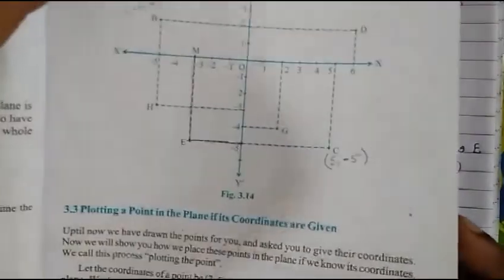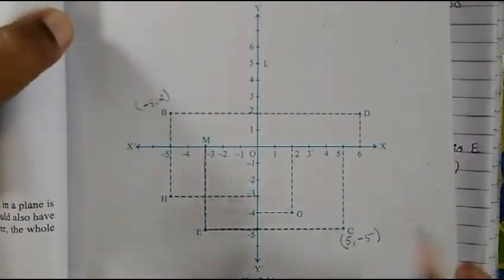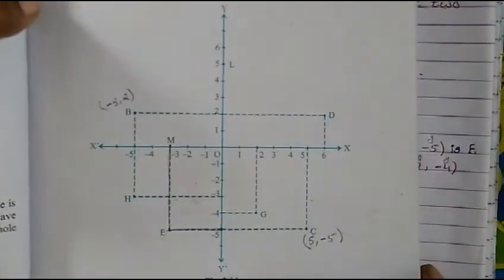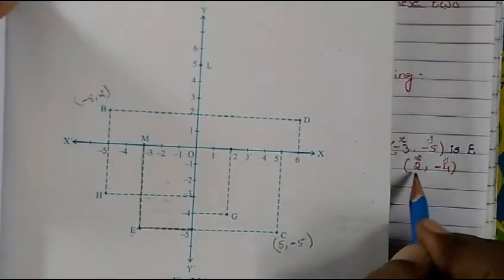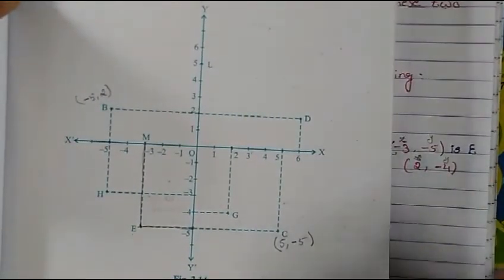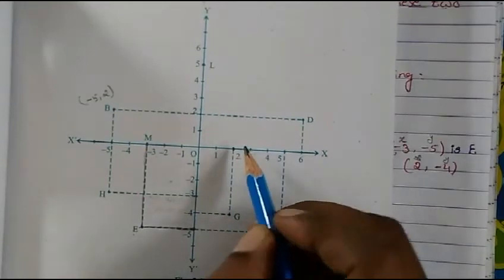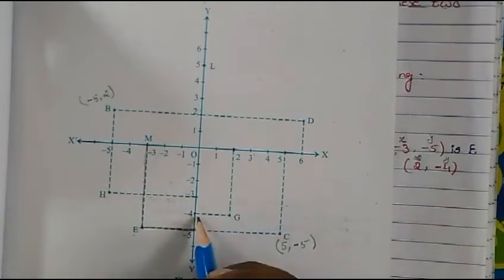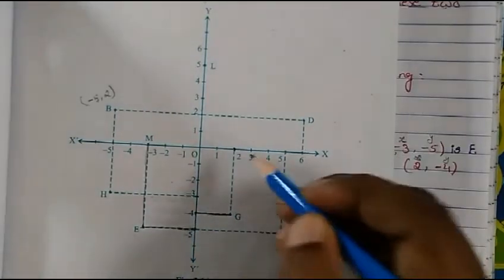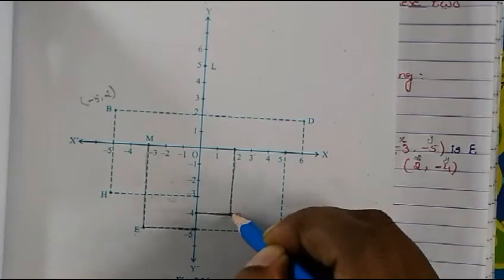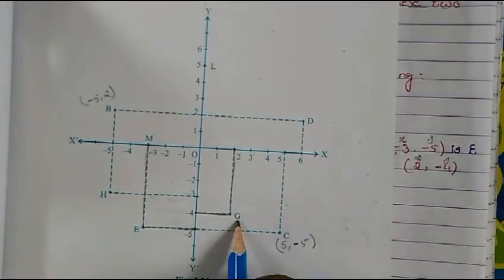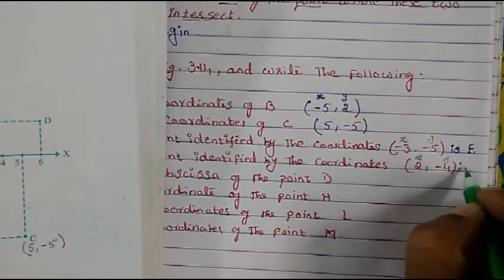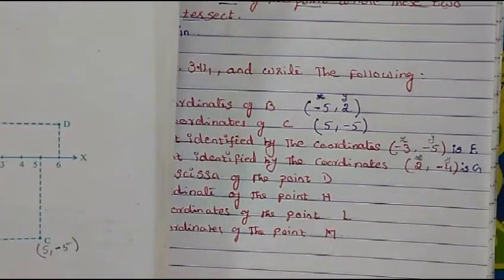So let's see 2 on the x-axis, it is here, and on y -4 is here. So let's draw the line. When we draw the line, it is meeting at this point, that is G. So 2 and -4 is G.